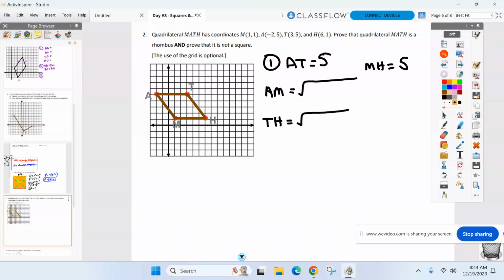So as you type these numbers in your calculator, and when you hit enter and it doesn't equal 5, user error, right? Something went wrong. We plugged some number in we shouldn't have. So change in x's squared plus change in y's squared. Plug them all into your calculator, and hopefully when you press execute, we get a 5 back.